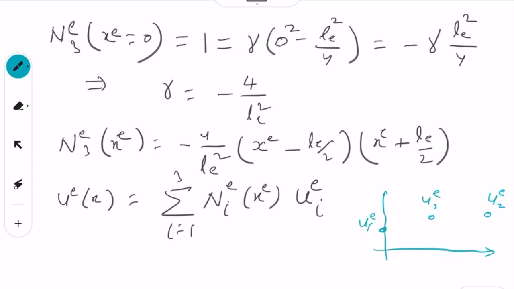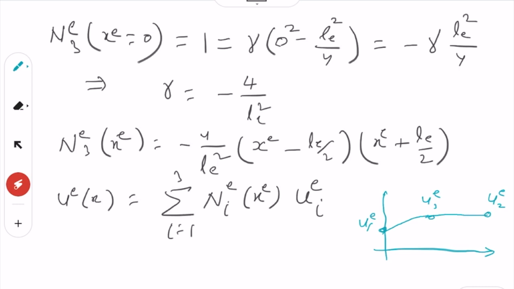So the curve will go like this. This is how it will capture the curvature, basically what I mean. Since these are quadratic functions, automatically it will be a smooth curve going from here to here.